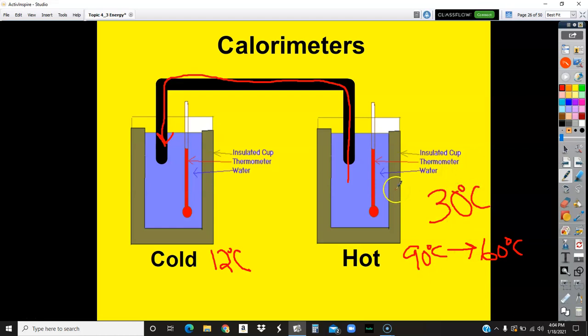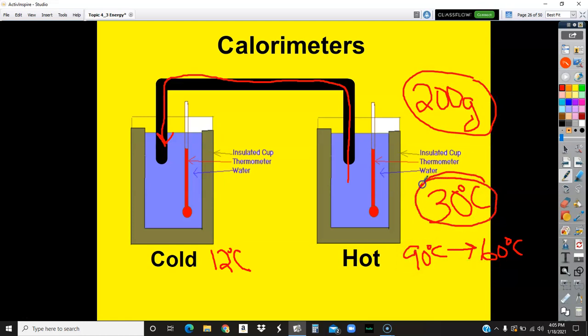The other thing I also need is how many grams of water. So we would fill this, let's say, with 200 grams of water. So you would know that from the start. That's like a control. So you had 200 grams of water. The hot water went from 90 down to 60 degrees, so it lost 30 degrees.